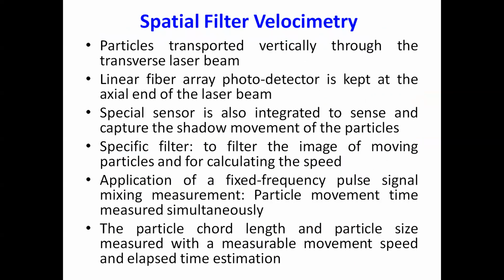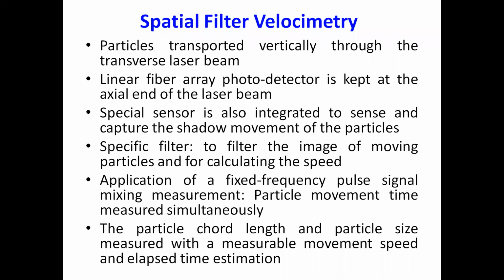Spatial filter velocimetry. Particles are transported vertically through the transverse laser beam. Then a linear fiber array photodetector is used at the axial end of the laser beam. The spatial sensor is also integrated to sense and capture the shadow movement of the particles.